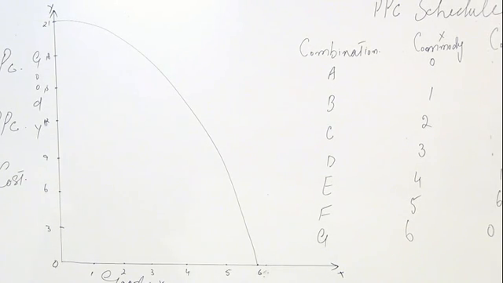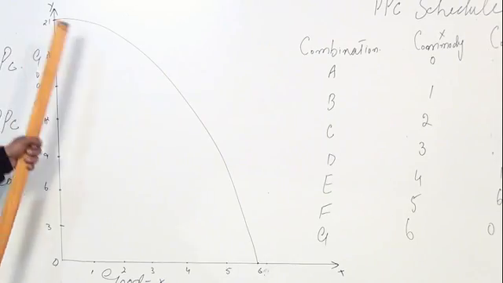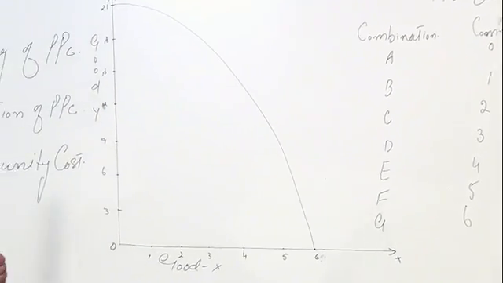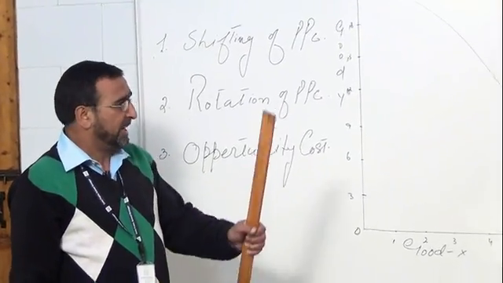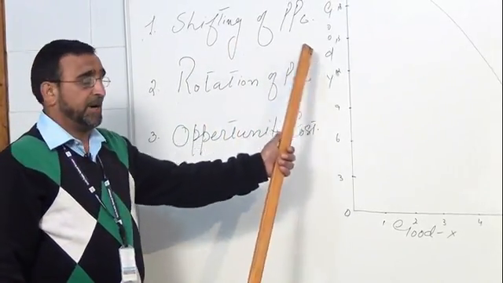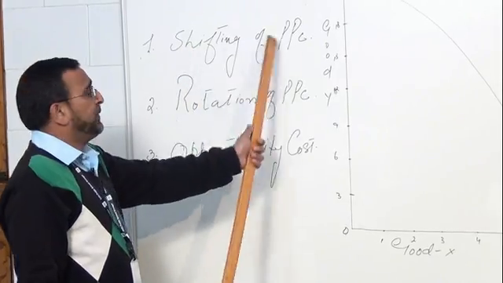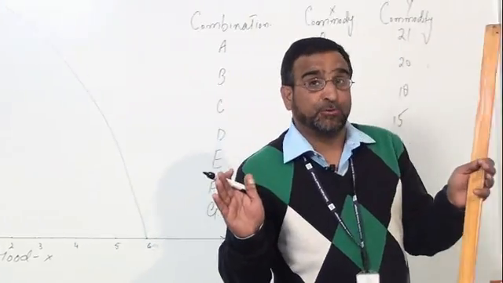I have already told you that it slopes downwards from left to right, and I have explained the reason. Then it is concave to the origin, and you also know why. Let's come to those pointers which I am going to discuss with you. First, shifting of the production possibility curve. When we say shifting, it means two things.